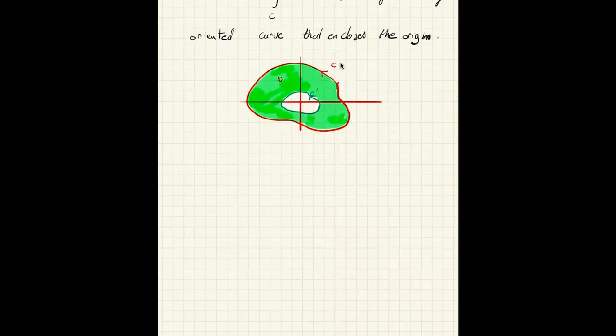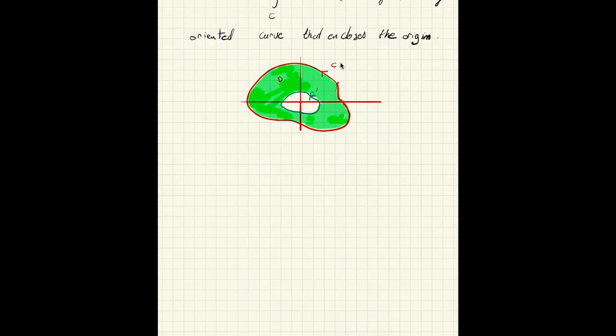The region D now has no problem, except the fact that it has holes. But at least the vector field is defined in D, and I can apply what I just said about the weird boundary, where you have to go from one side to another side by lifting up your pen.